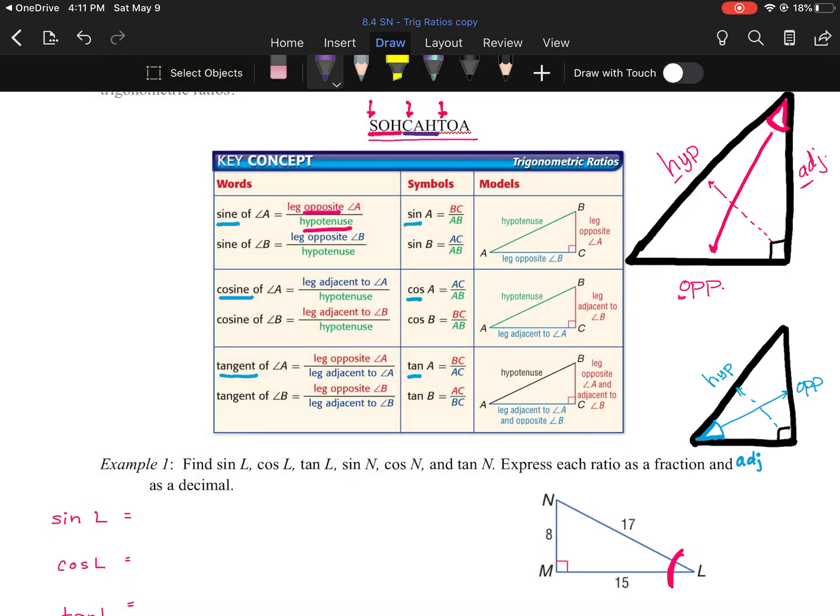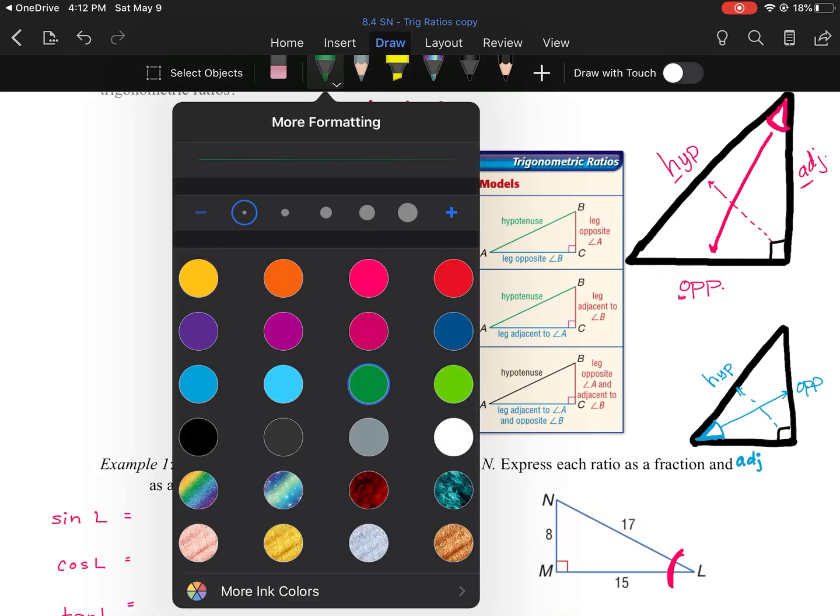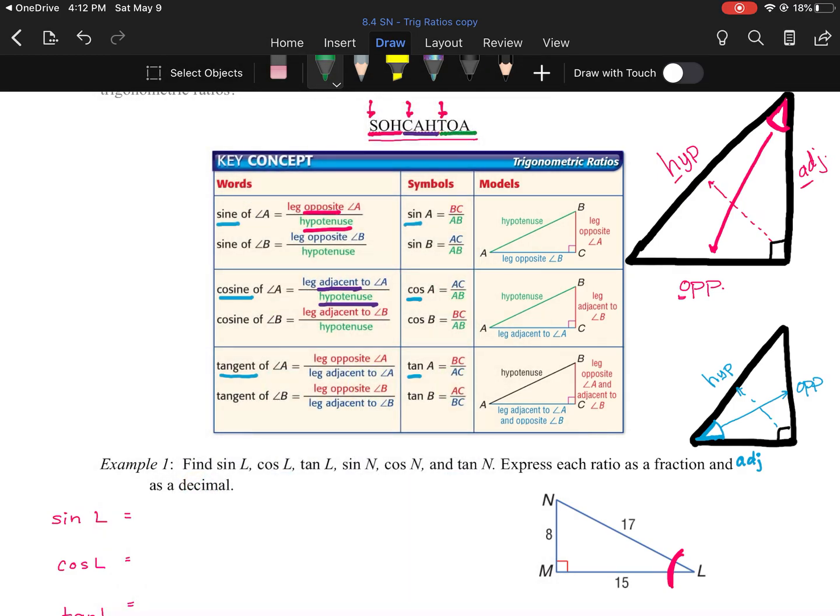The CAH, which is cosine, A is adjacent, H is hypotenuse, so the cosine ratio is adjacent over hypotenuse. And last but not least, the TOA, which is our tangent part, that comes from opposite over adjacent. Tangent, opposite, adjacent, that's where the TOA comes from.